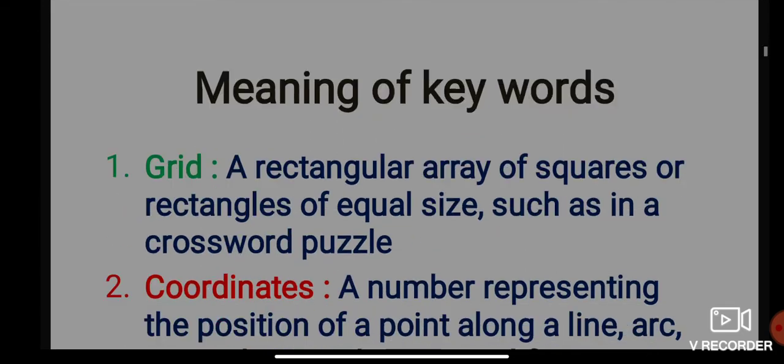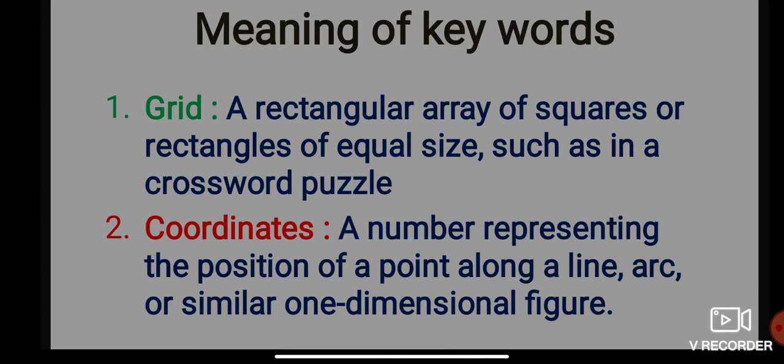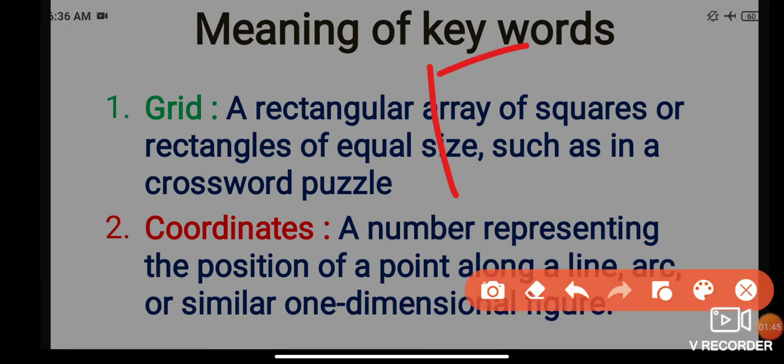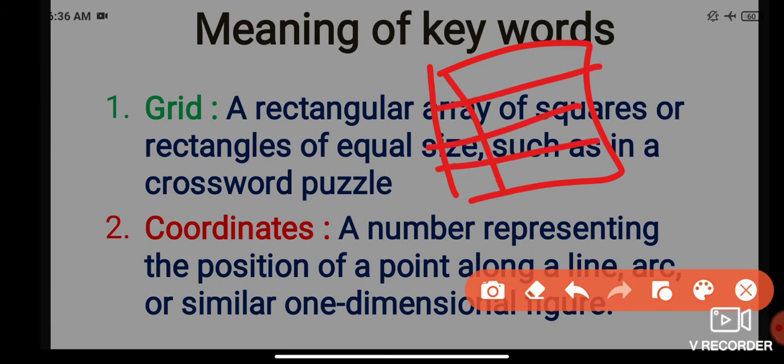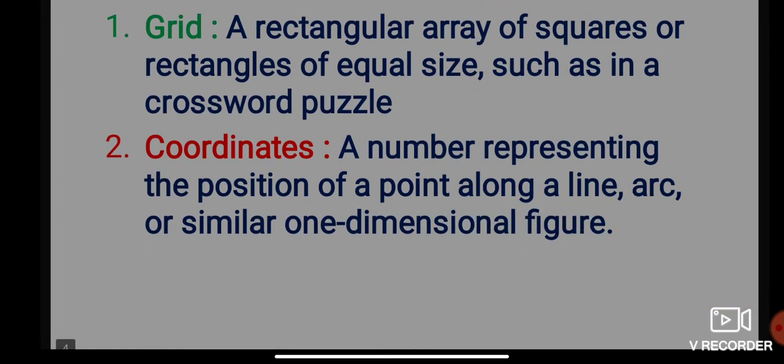From a simple definition, a grid is a rectangular area of squares or rectangles of equal size, such as in a crossword puzzle. So this is called a grid. And what are coordinates?